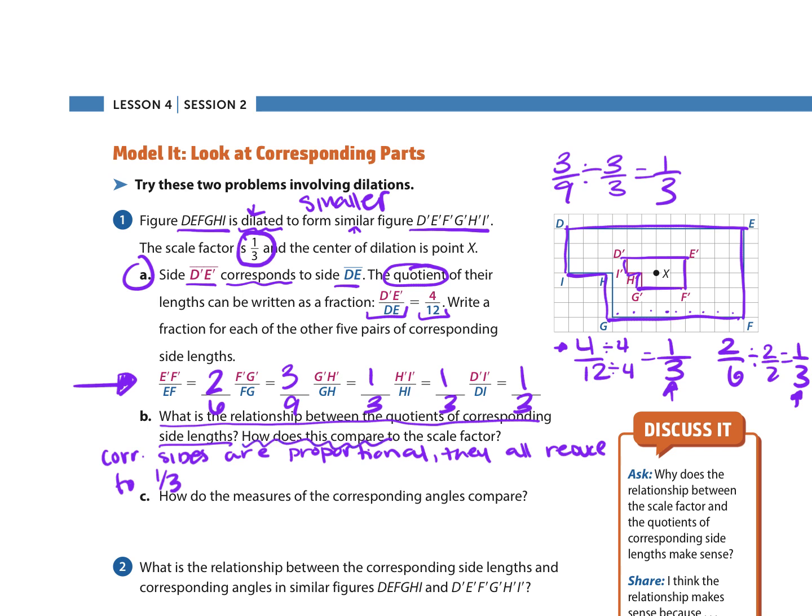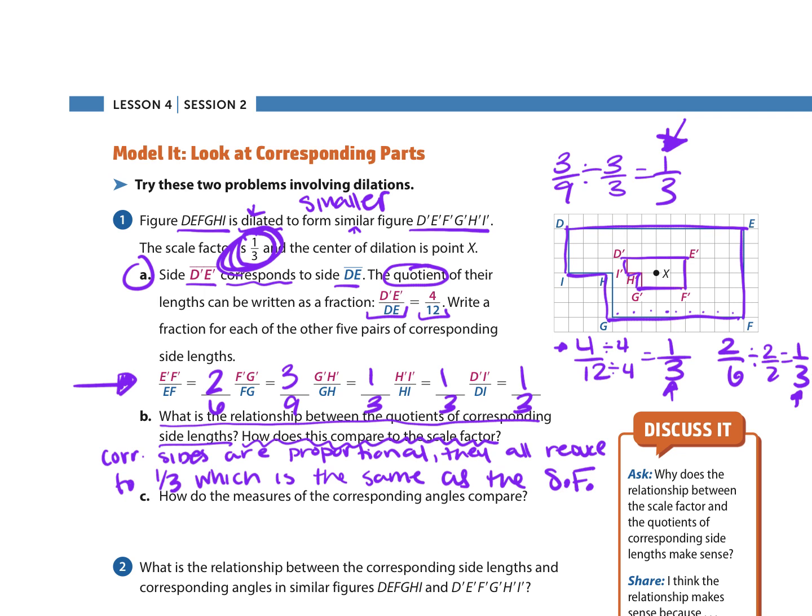How does this compare to the scale factor? Well, remember up here, our scale factor is 1/3 and our side lengths ratio is also 1/3. So we're going to say which is the same as the scale factor. And I'm going to use a capital SF for scale factor because I write so big and I can't fit it all.